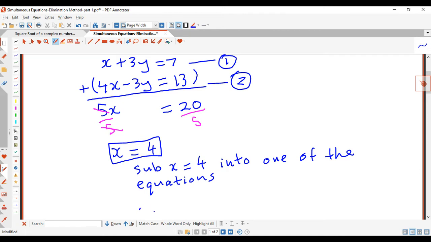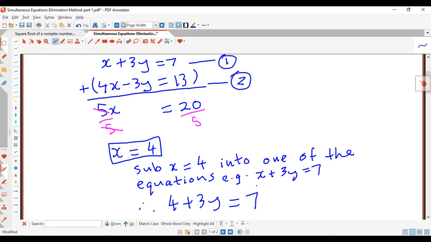So subbing x equals 4 in, I get 4 plus 3y is equal to 7, okay? So I'm going to put down EG here. EG, I'm subbing x equals 4 into this equation.